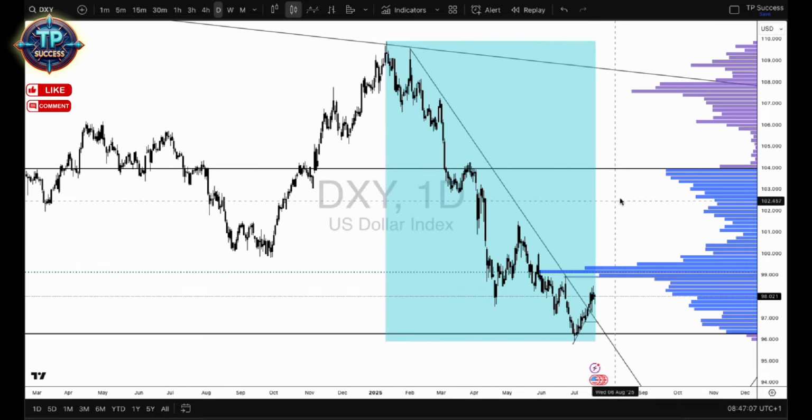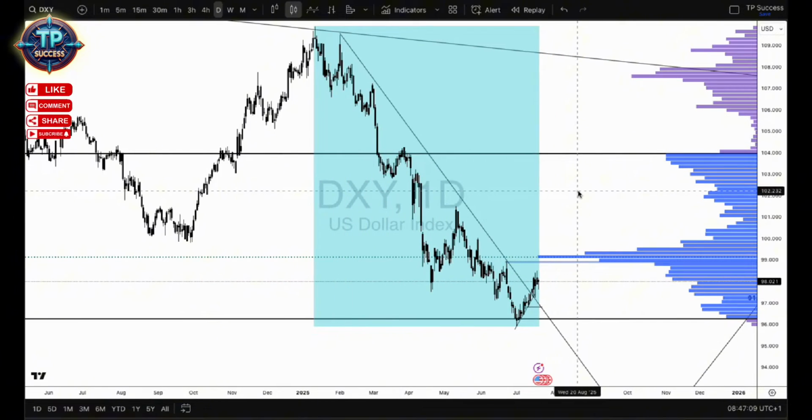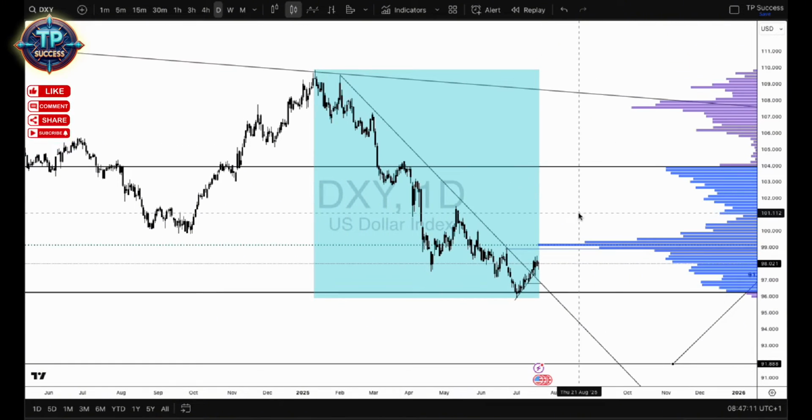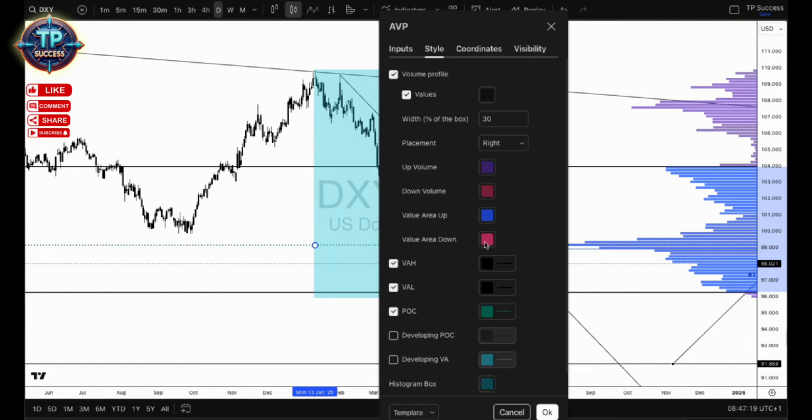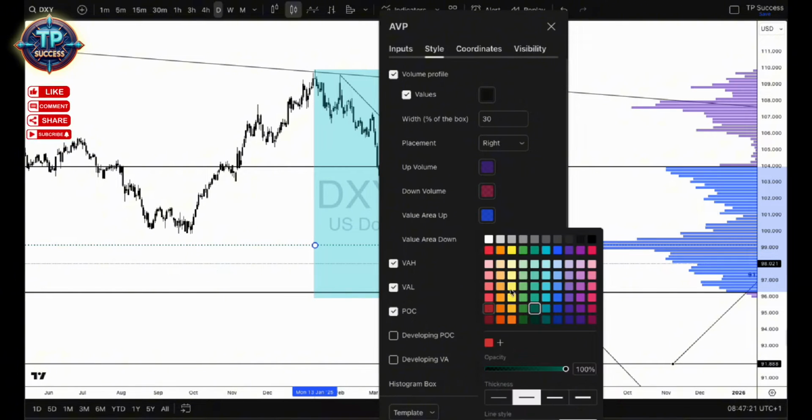Okay, and as we can see, this here is what will help us. Let me just make one slight adjustment to the point of control. So the point of control is definitely the wrong color. And let's make that straight line.